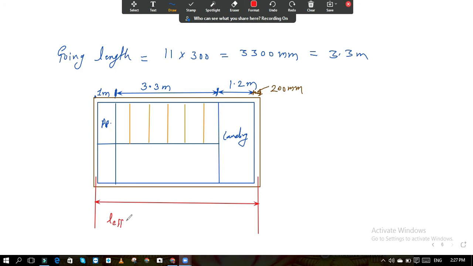If you calculate, from the left side it is 0.2 plus your approach is 1 plus going length is 3.3 plus landing is 1.2 and plus 0.2. If you do all this calculation, then you will get the value of L effective.